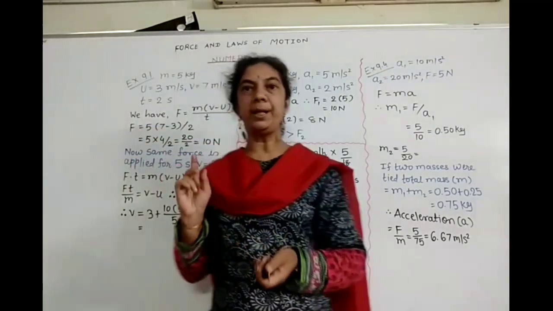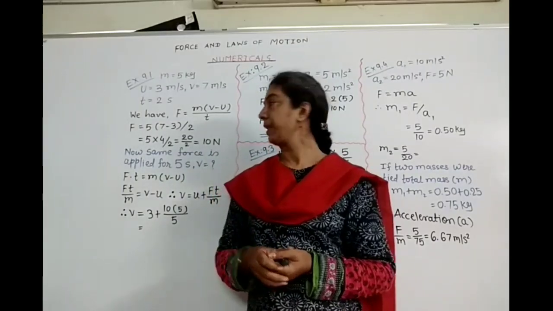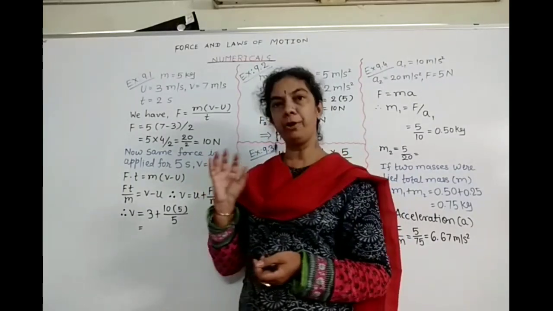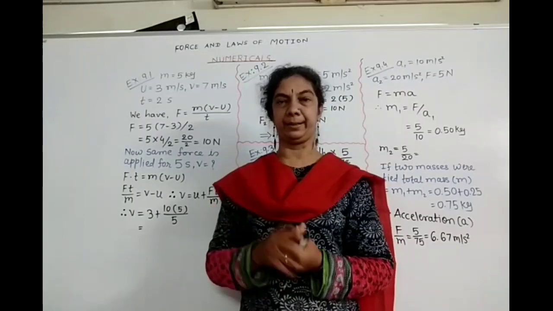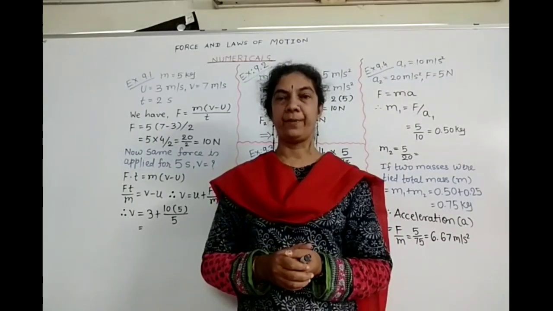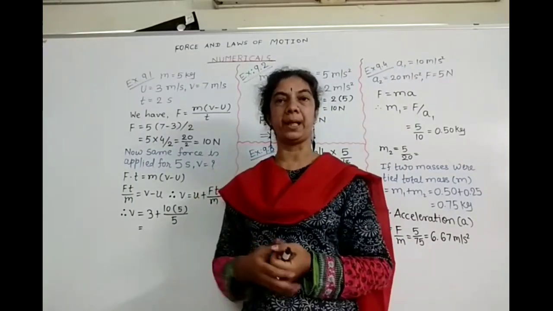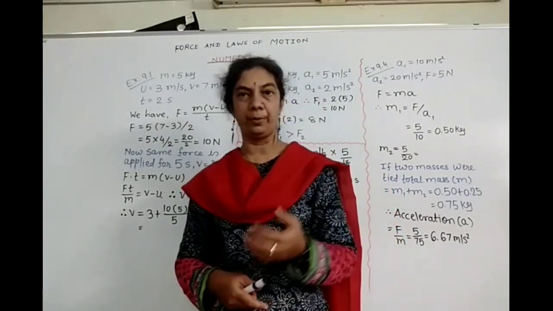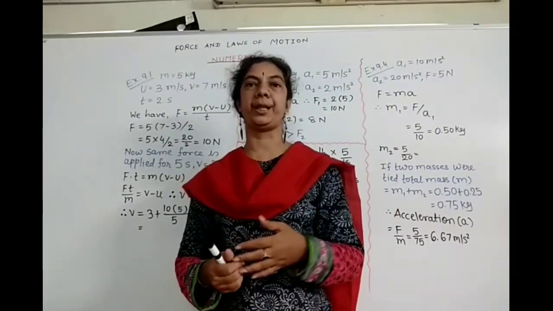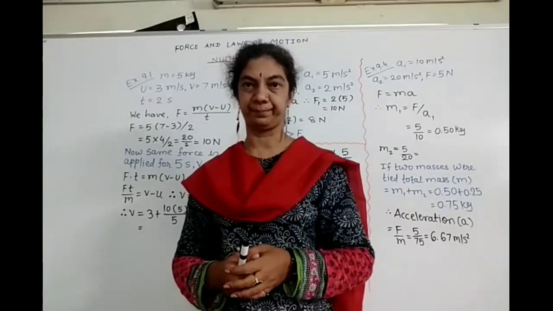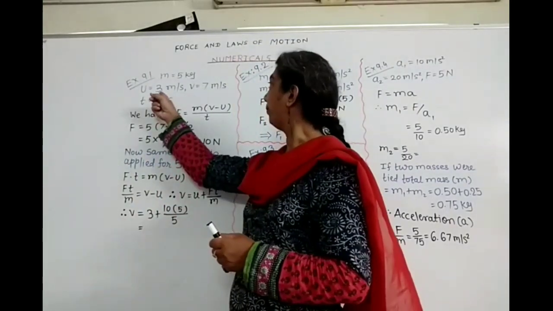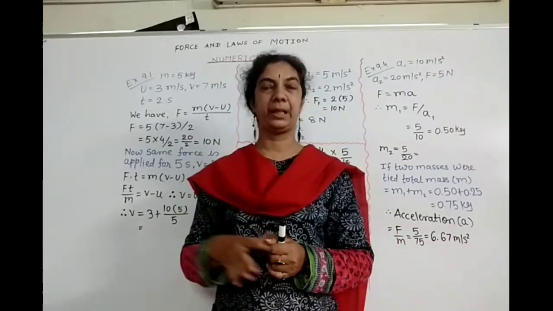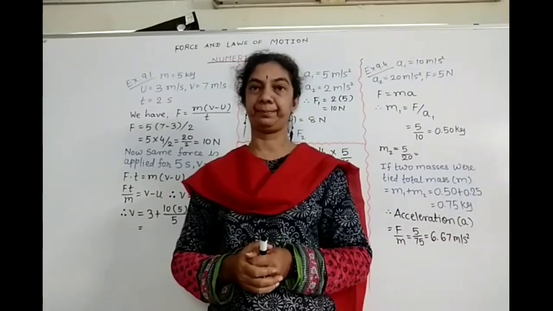Now this 10 Newton force has been applied for 5 seconds. We are knowing that as we are applying the force, the velocity of the object, speed of the object is increasing, earlier from 3 to 7. Now let us see what will happen.